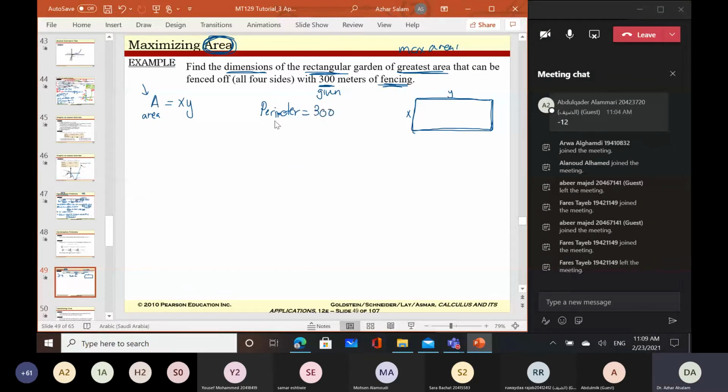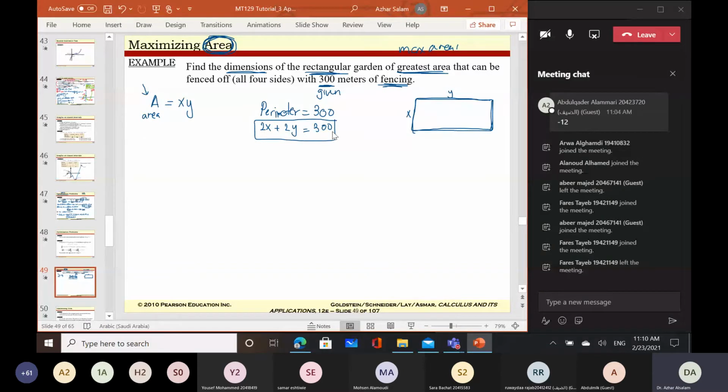What's the perimeter? The rectangle's perimeter is the sum of the lengths of the sides, the addition of all the dimensions. So I have here 2x, which is x plus x, plus 2y equals 300. So I have a relation between x and y from the fencing.